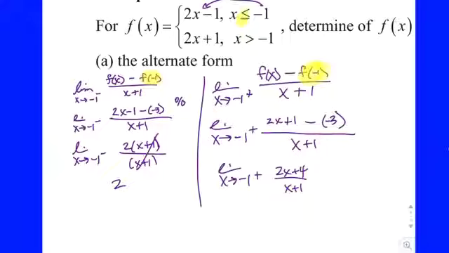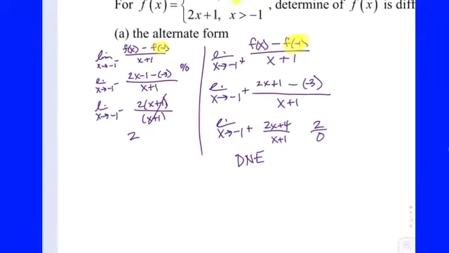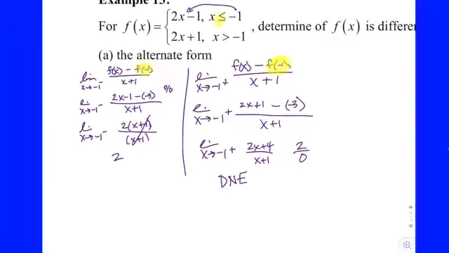And if I use direct substitution now, what do we get? 4 minus 2 is 2 over 0. Is that indeterminate? No, that's some type of infinity, so it's DNE. Right? So what? Is the function differentiable at negative 1?